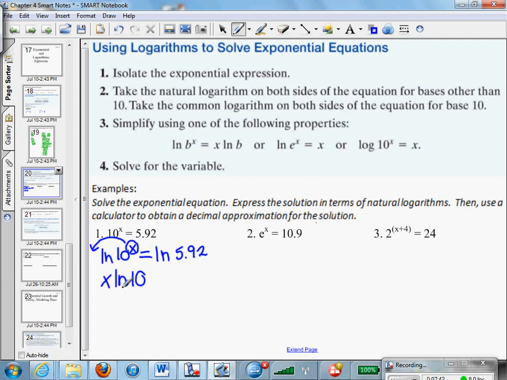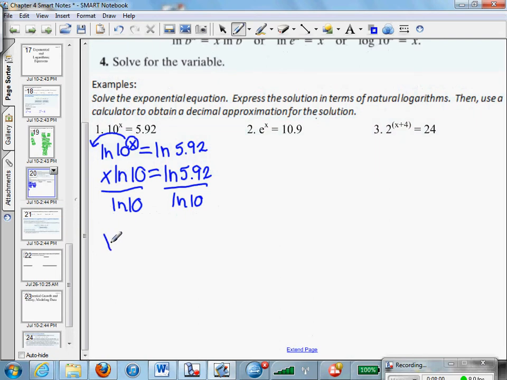So now we have x times natural log of 10 equals ln 5.92. Now to get x by itself, divide both sides by natural log of 10. So now we have x equals ln of 5.92 divided by ln of 10.